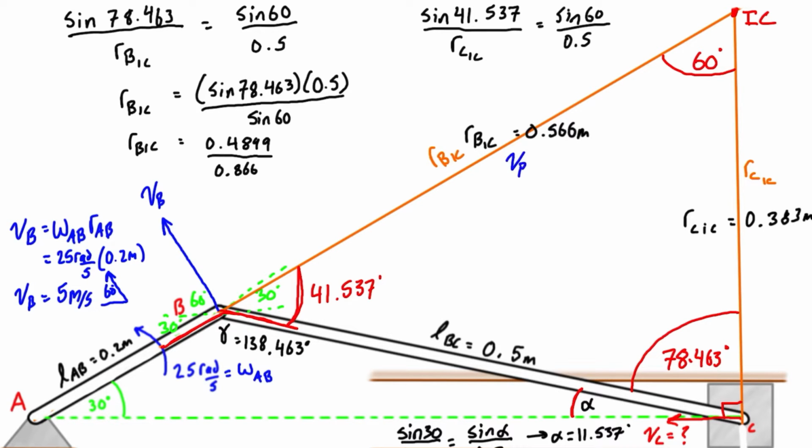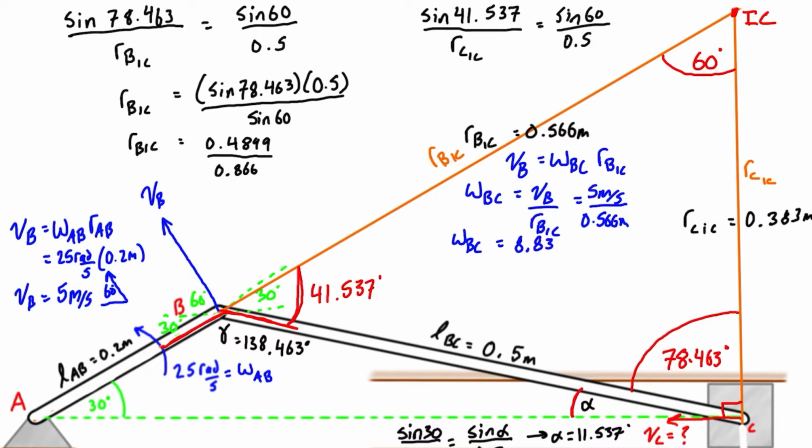So we have VB is equal to omega BC times RBIC, and we can just reorganize that, so we have omega BC is equal to VB over RBIC, which is equal to 5 meters per second over 0.566 meters, which gives us omega BC to be 8.83 radians per second.